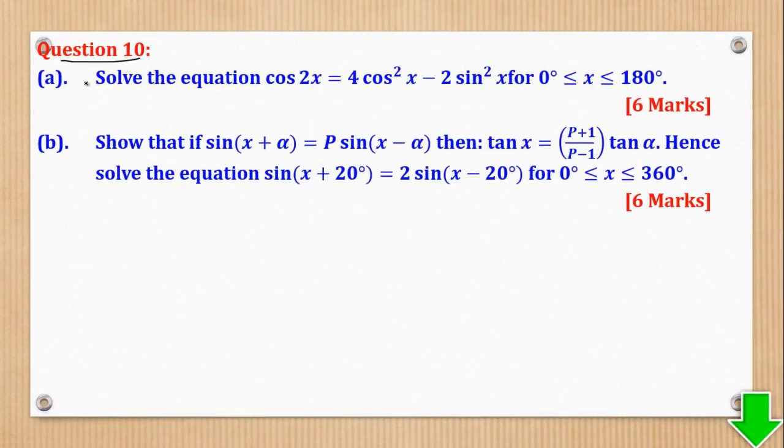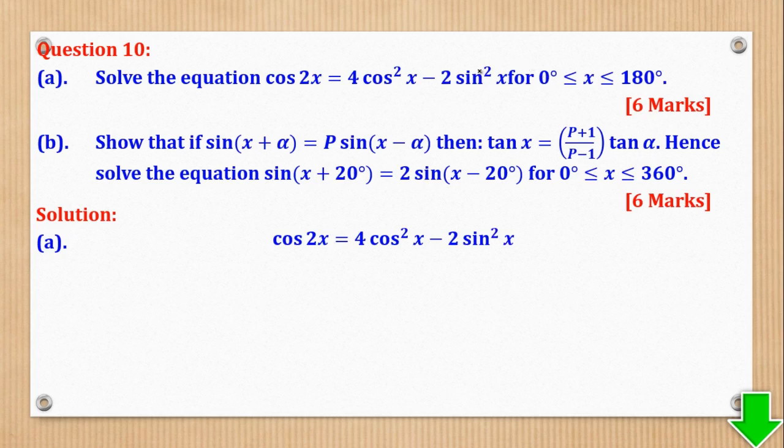Then question 10 says, part A, solve the equation this for x ranging from 0 to 180 degrees. So let's start with that. So you first rewrite the equation. Then from there, realize that this is 2x, this is x, this is x.